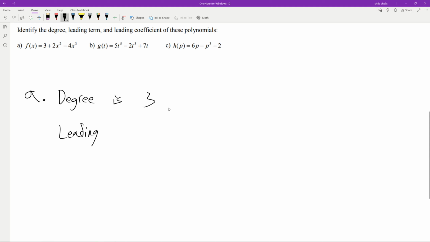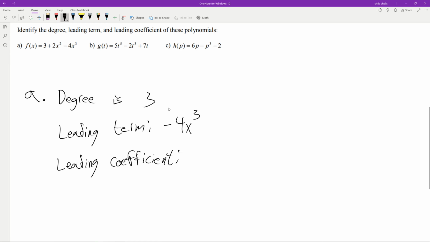The leading term, remember, is the term that contains this highest power. In this case, that would be negative 4x cubed. And the leading coefficient is the coefficient of that term, the number that the variable raised to the power is being multiplied by. So my leading coefficient in A is negative 4.